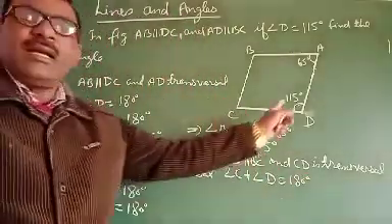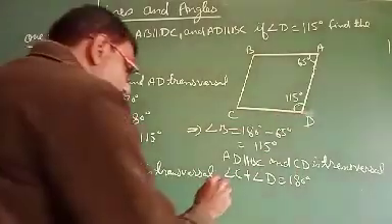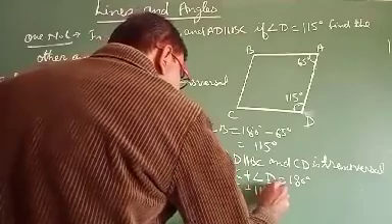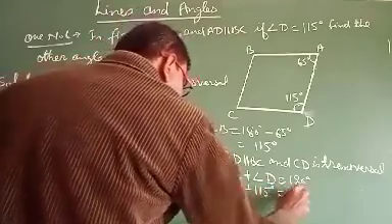The value of D is 150 degrees. Therefore, angle C plus 150 degrees equals 180 degrees.